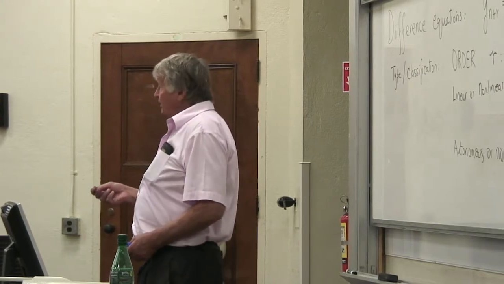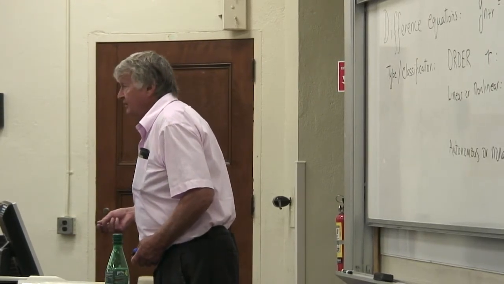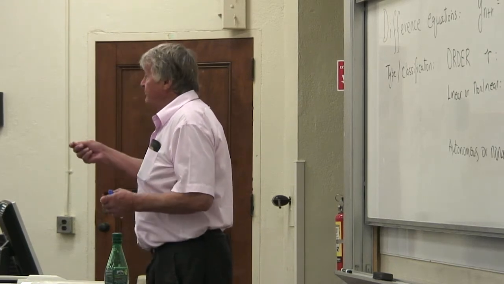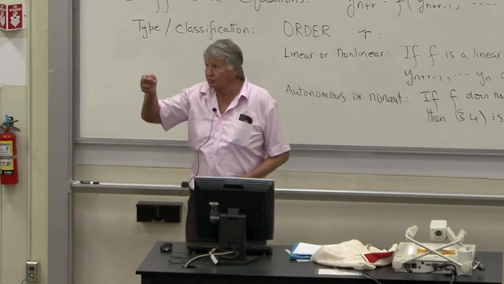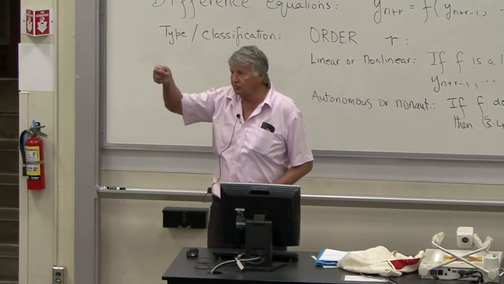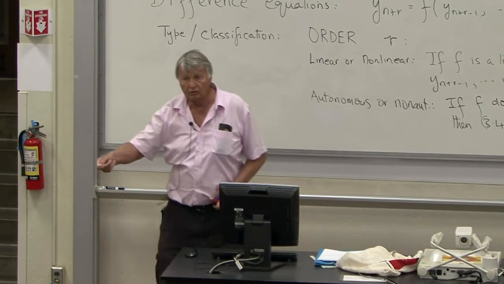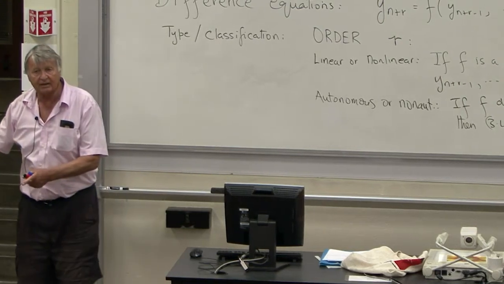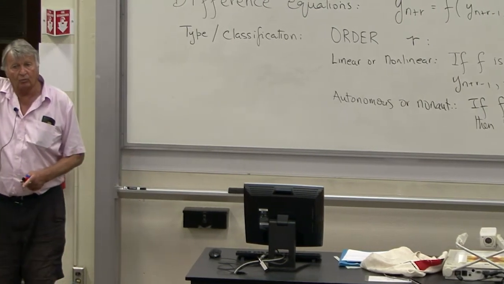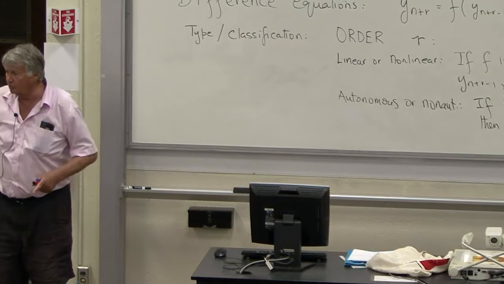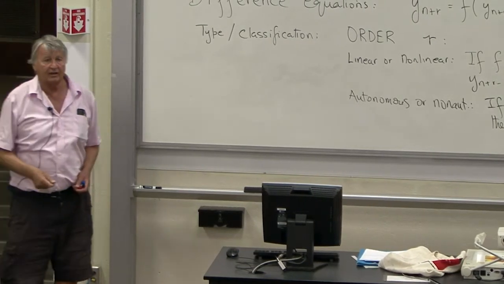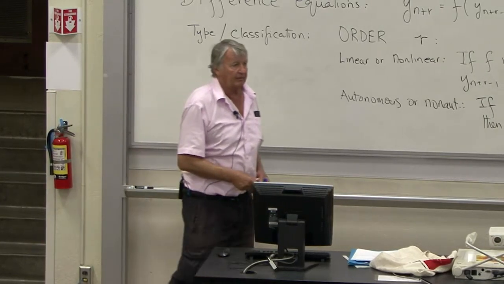When mu gets to be greater than 3, fascinating things happen. That solution becomes unstable, and the solution tends to jump between two values. The y1 will go to one value, the y2 to another, the y3 back to the same value as y1, and the y4 back to the same value as y2. And so it'll keep leaping between these two values as you march forward in n.